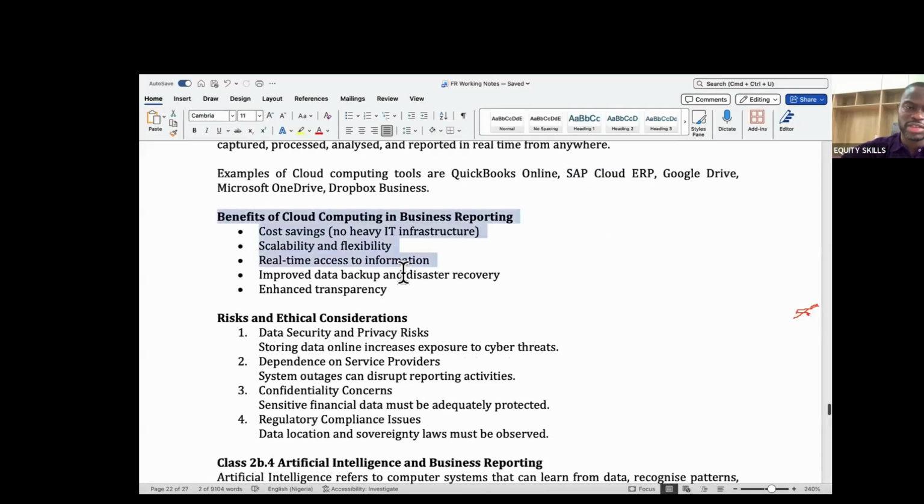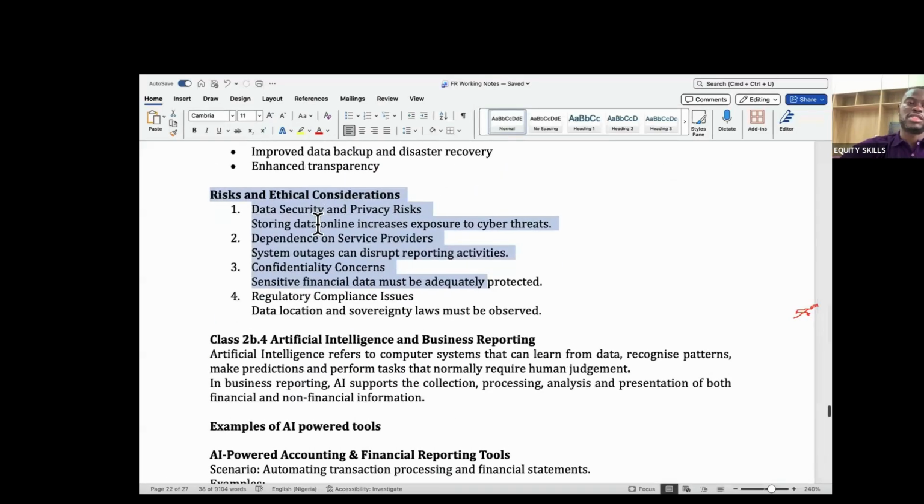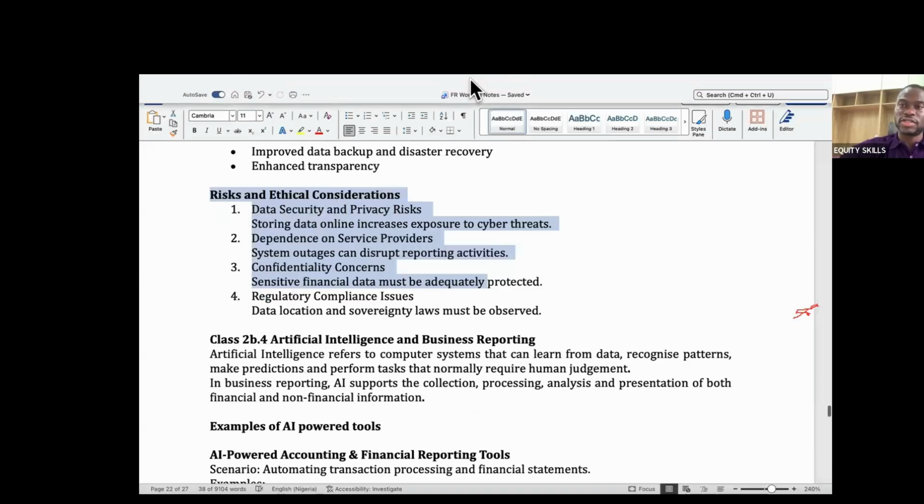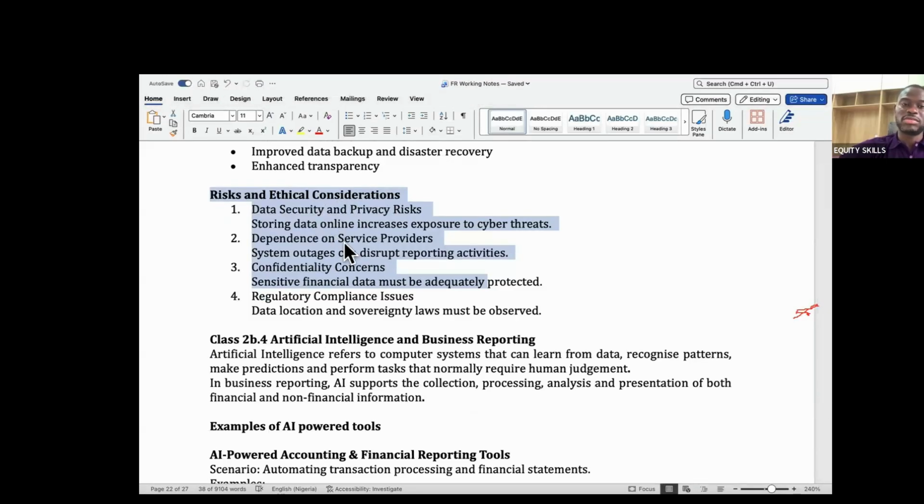I have the benefits here: cost savings, scalability, real-time data backup, transparency, like that. And there is a risk of data security dependence, because you have to depend on the service provider. You cannot build this thing yourself. You can, but it's expensive. So confidentiality, regulatory compliance issues, and all of that.